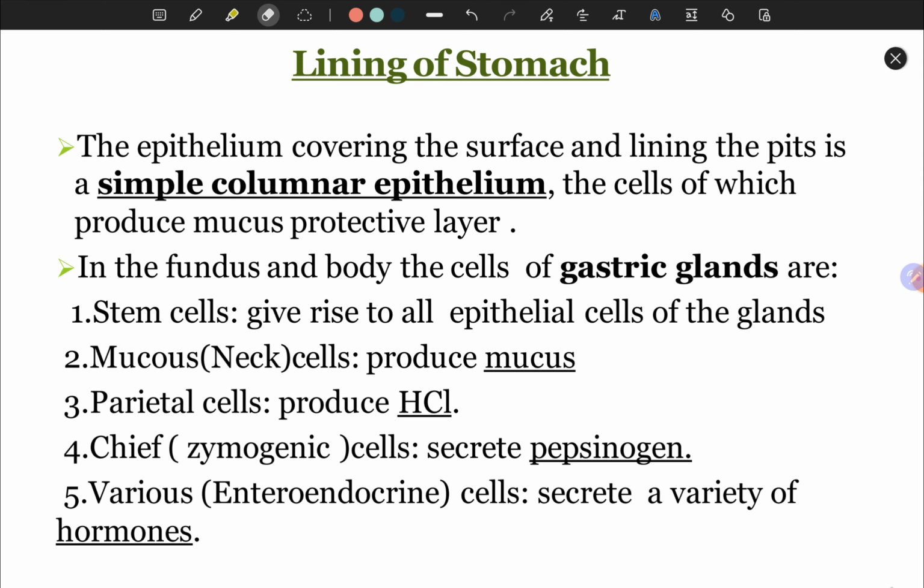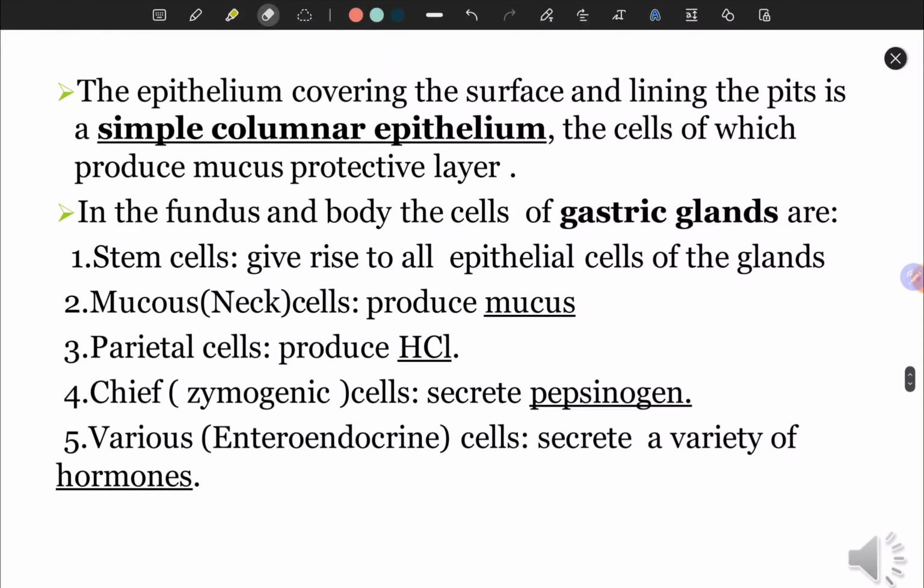Later on comes the parietal cell that produces the hydrochloric acid. The chief or zymogenic cell produces pepsinogen. And later on the various enteroendocrine cells secrete hormones, as part of the endocrine system in the GI tract.